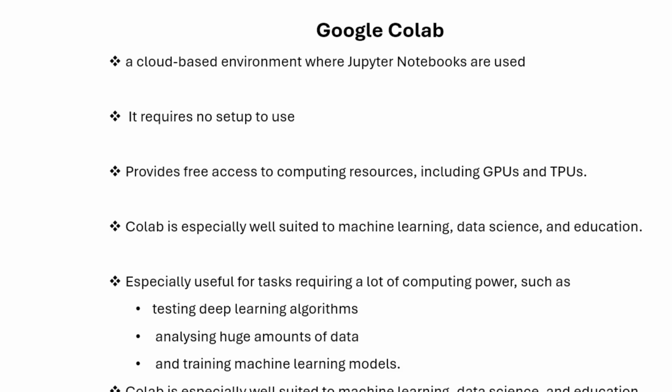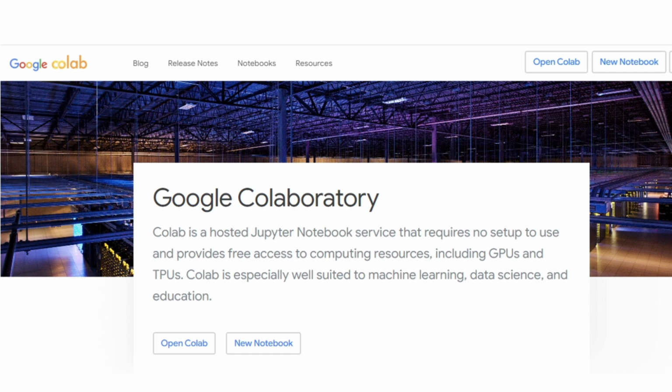Google Colab is a short form of Google Collaboratory. Google Colab is a hosted Jupyter Notebook service that requires no setup to use and provides free access to computing resources, including GPUs and TPUs. Colab is especially well suited to machine learning, data science, and education.